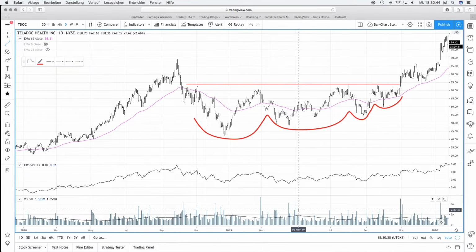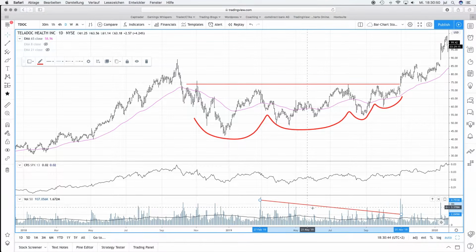But if you look at the overall picture, you can see that the volume itself is decreasing over time. And that's a very good sign, especially in a base, because the selling pressure is getting lower and lower. And if you also see big volume bars on up days, this shows you that there is a high demand for the stock.